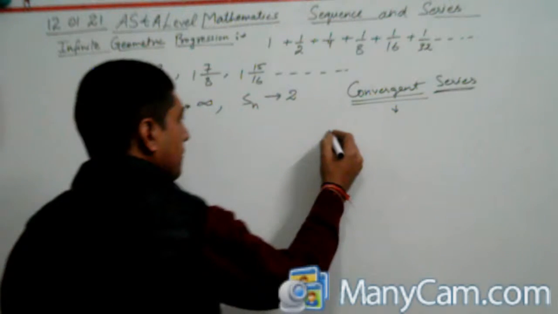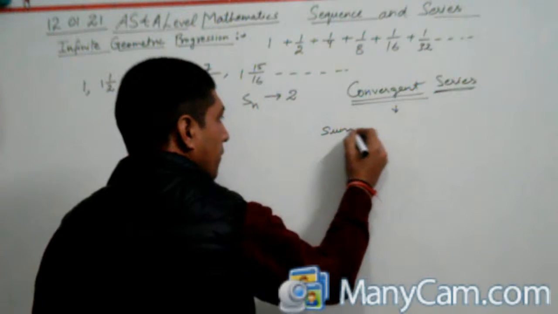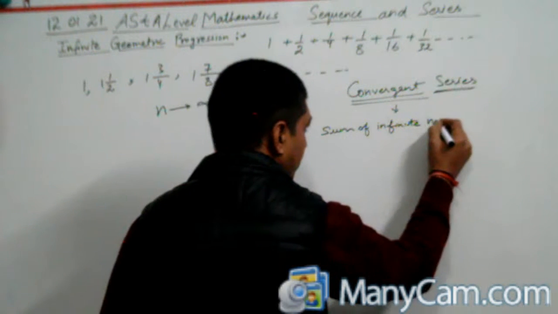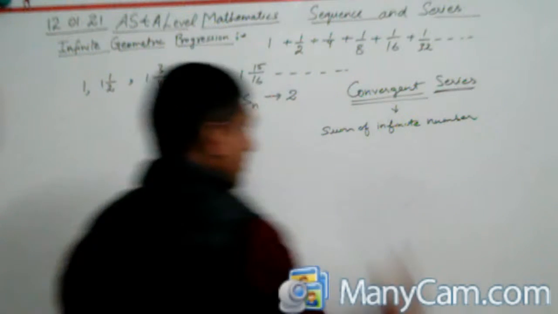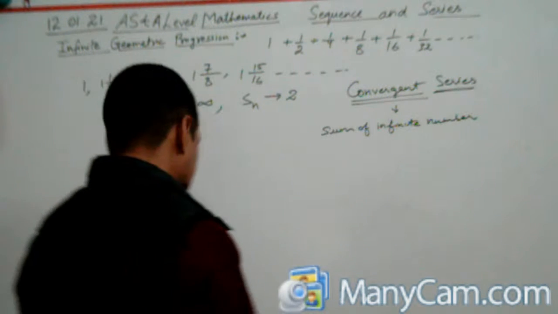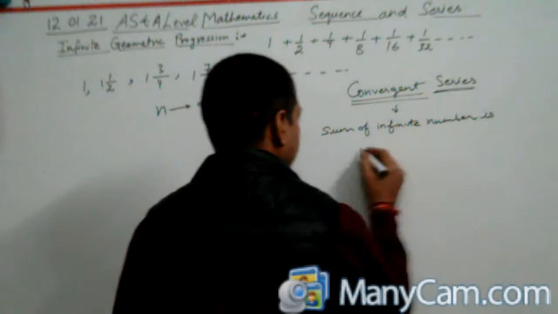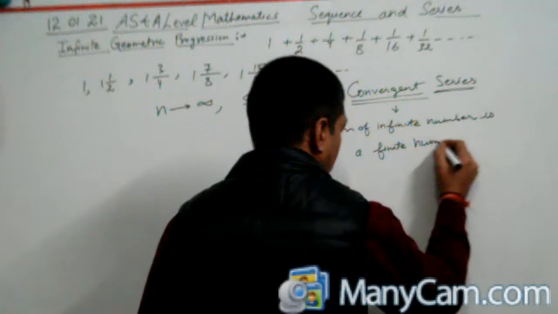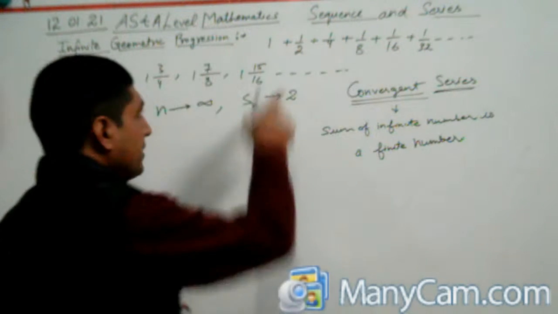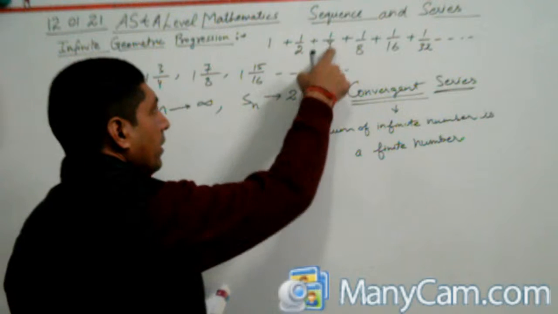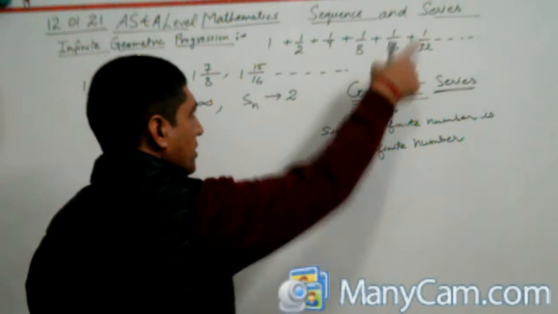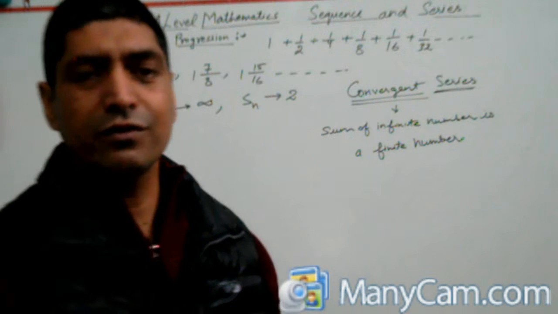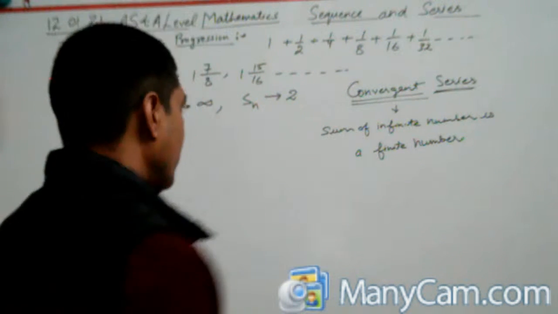The sum of infinite numbers is a finite number. So here we have infinite numbers 1, 1 upon 2, 1 upon 4 plus 1 upon 8 plus 1 upon 16 plus so on. So these two are examples of convergent series.